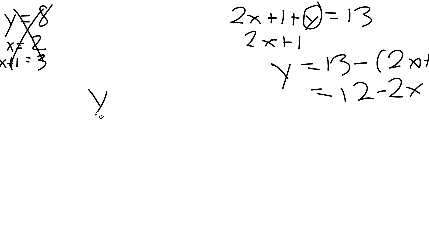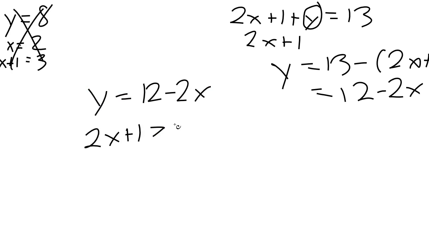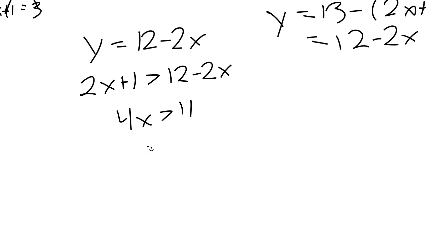So I know y equals 12 minus 2x. I know 2x plus 1 is greater than y, which is 12 minus 2x, which tells me 4x is greater than 11, which tells me x is greater than 2 and 3/4, but since x is an integer, x is at least 3.